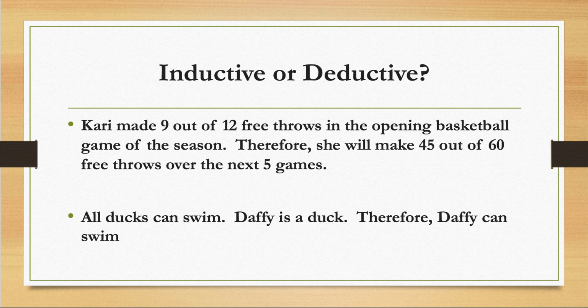Just because she made 9 out of 12 free throws in the first game does not necessarily mean that she's going to make 45 out of 60 over the next 5 games. Since it's possible that this is false, this is an example of inductive reasoning.